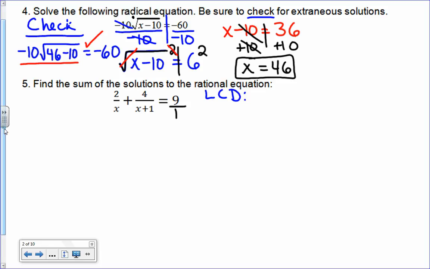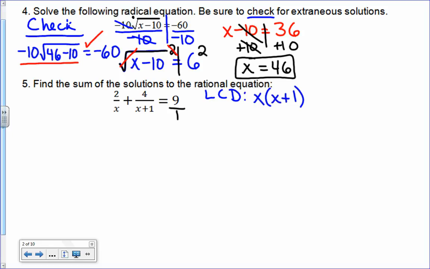The two factors that should be in your LCD are x and x plus 1, so it should be written like this: x, parentheses, x plus 1. Those are the two factors that make up our least common denominator.